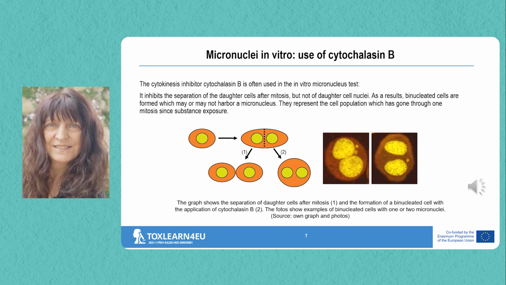They represent the cell population which has gone through mitosis since beginning of the substance exposure. The graphs show the separation of daughter cells after mitosis, labeled with 1, and the formation of a binucleated cell with the application of cytochalasin B, labeled as 2. The photo shows examples of binucleated cells with 1 or 2 micronuclei.